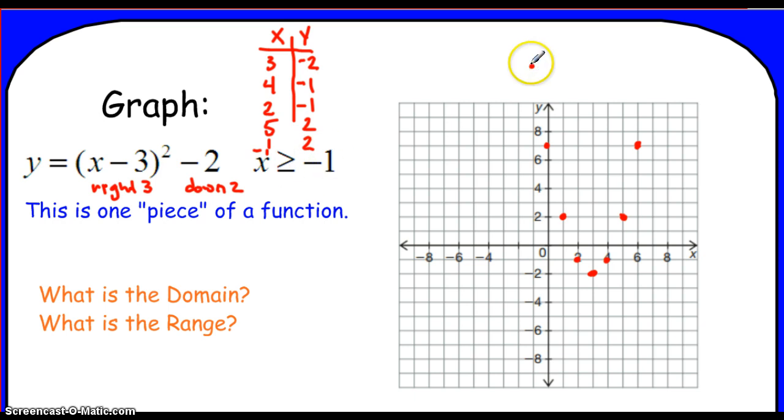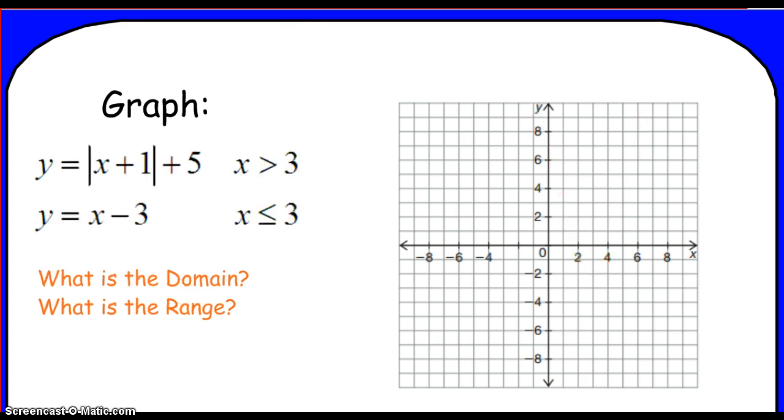And it's included, so that's why I'm going to have a closed circle this time. And I do want all of the points that are getting bigger. Now I'm at 1, 2, 3, 4, 5, 6, and I want to keep going, so I could use an arrow on this side. I don't have an arrow on this side because I'm stopping there. So I'm just graphing pieces.